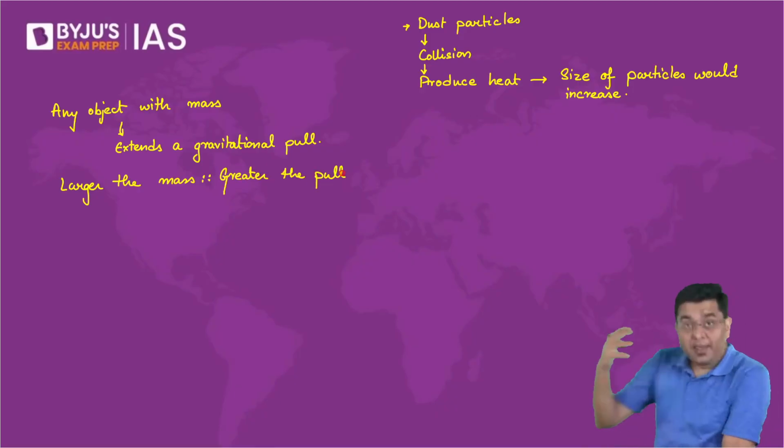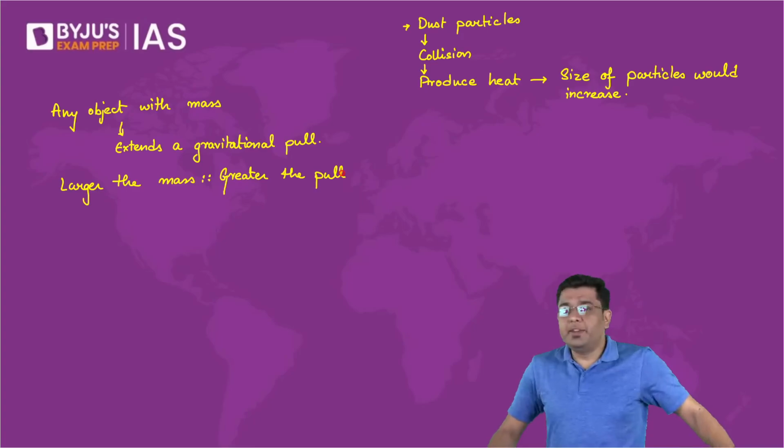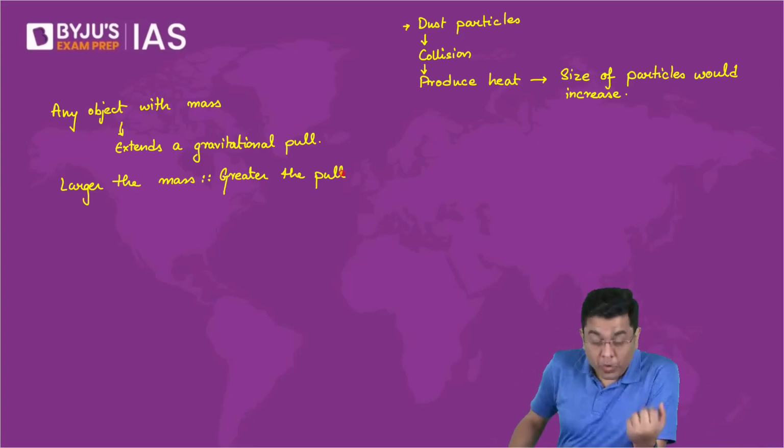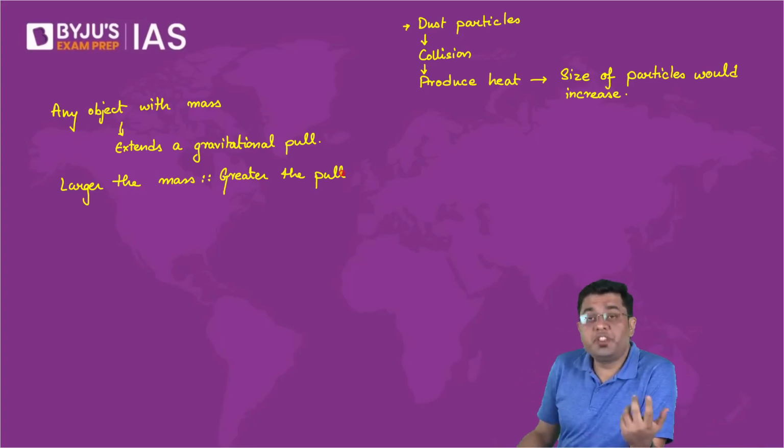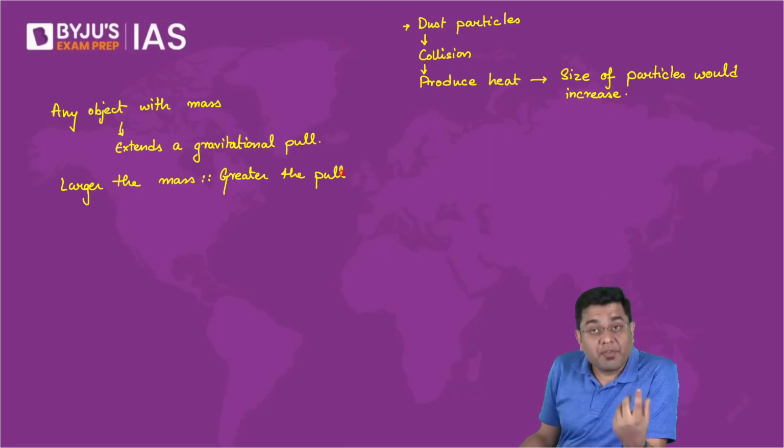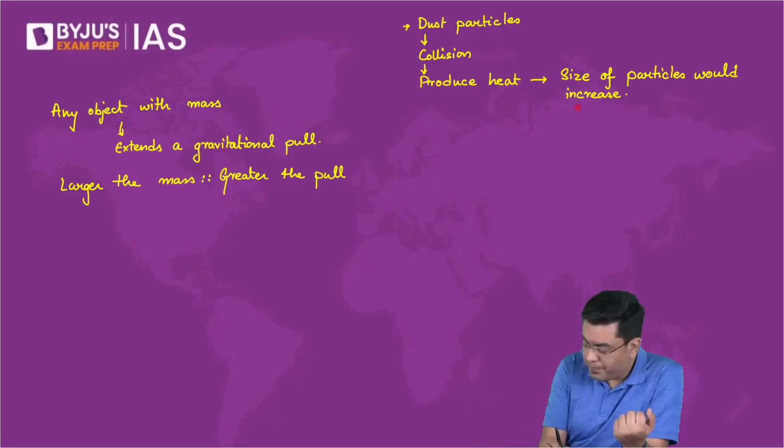That is why the Sun, having the largest mass in the solar system, has the most significant amount of gravitational pull which is extended. So, like that, as the size of the particles would increase, can we also not say that the gravitational pull of attraction of these particles would also increase? Increased gravitational pull.